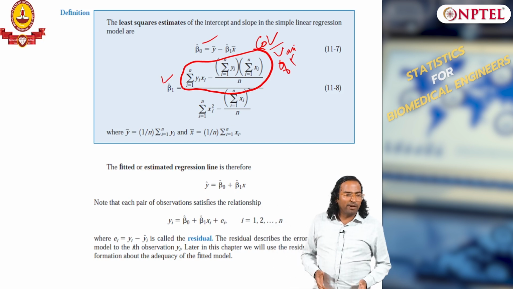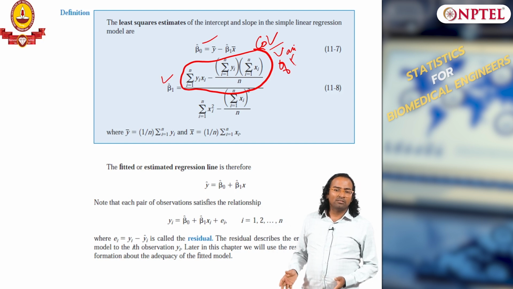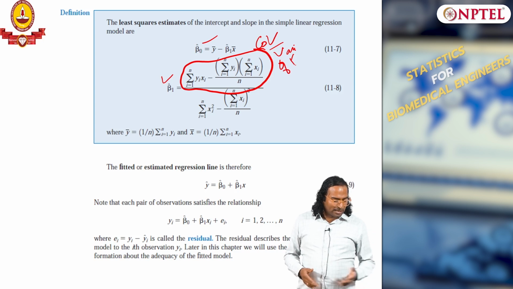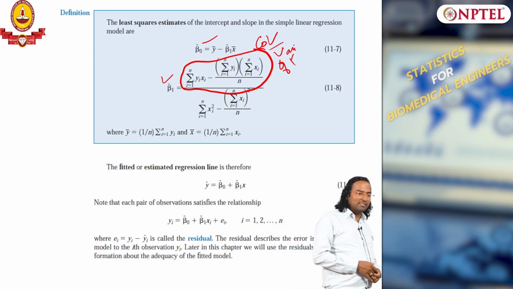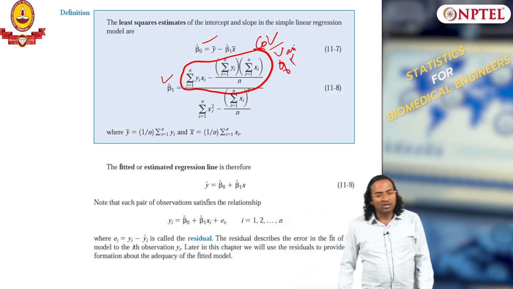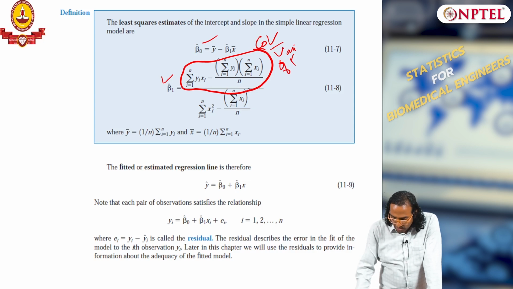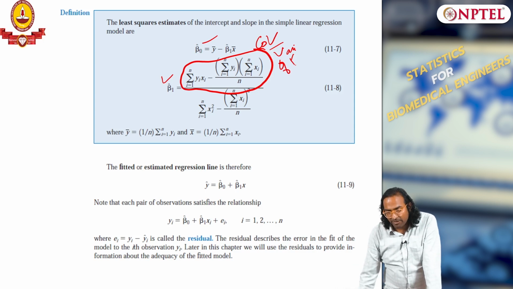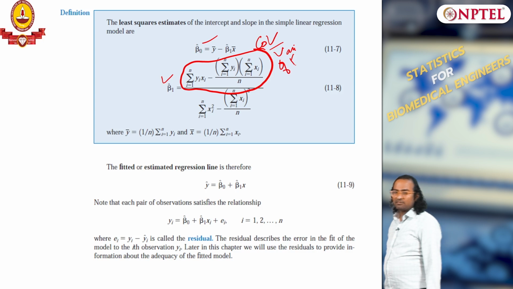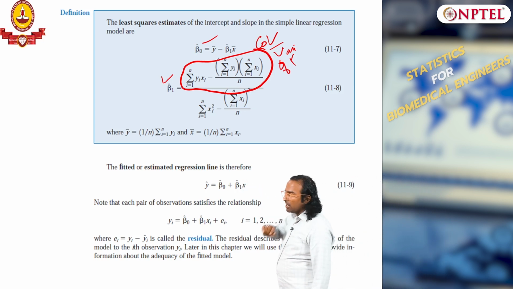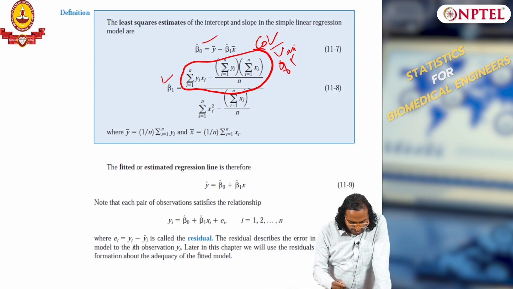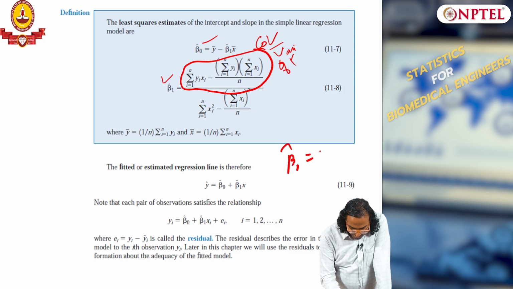So this is beta 1 hat, and what is your beta naught? Whatever is not explained by beta 1, whatever is left behind. Beta naught hat is y bar minus beta 1 hat x.